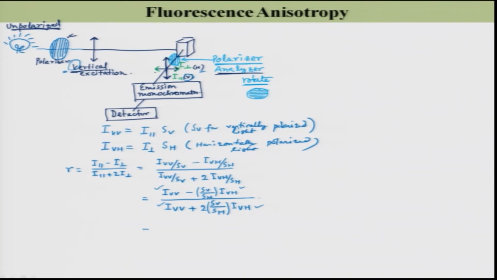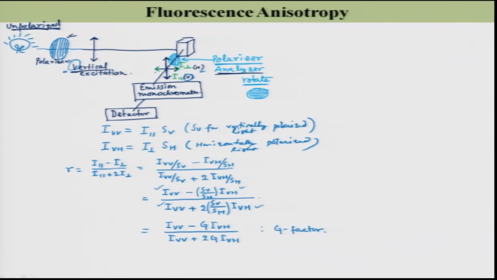So, let me write this as another constant: I VV minus G I VH, divided by I VV plus 2 G I VH. That means, whatever you are going to measure in the detector, you have to multiply with a factor. Whatever value of IVH you measure in the detector, you have to multiply with a factor. So, this is known as the G factor.